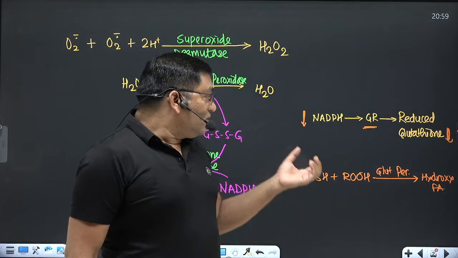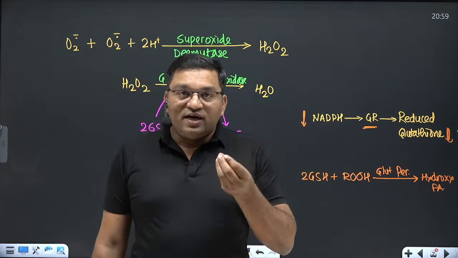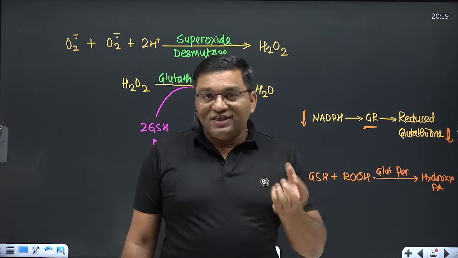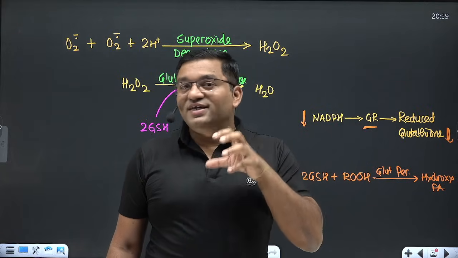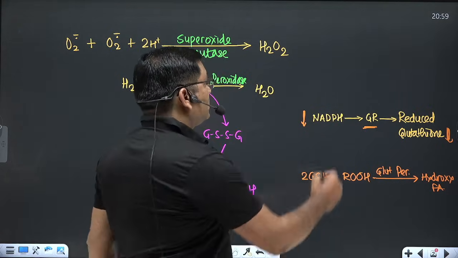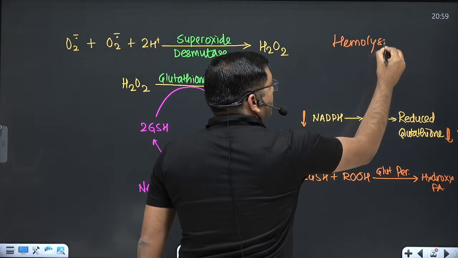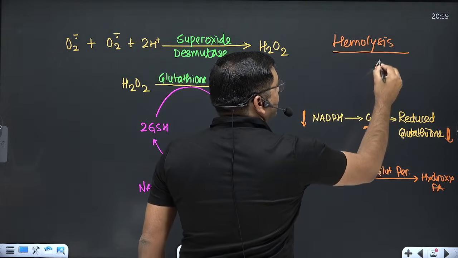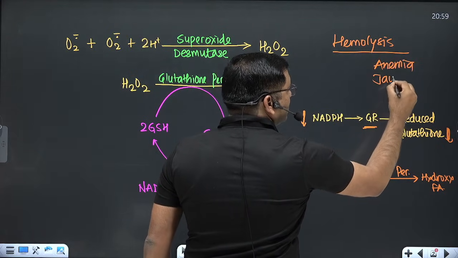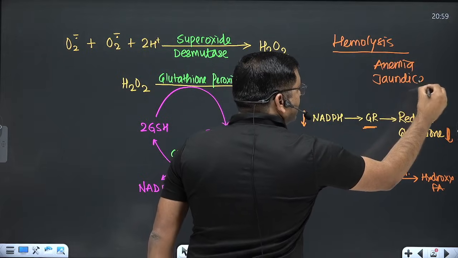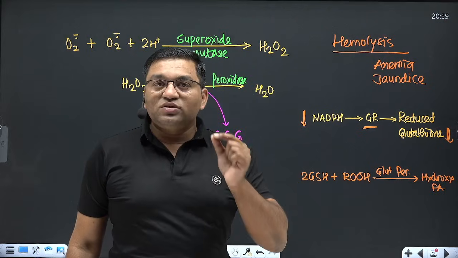So, with decreased NADPH and decreased reduced glutathione, the RBC membrane is damaged, and that causes rapid hemolysis, which causes anemia, which causes jaundice. Anemia and jaundice are the two important symptoms in G6PD deficiency. So there is drug induced hemolytic anemia.